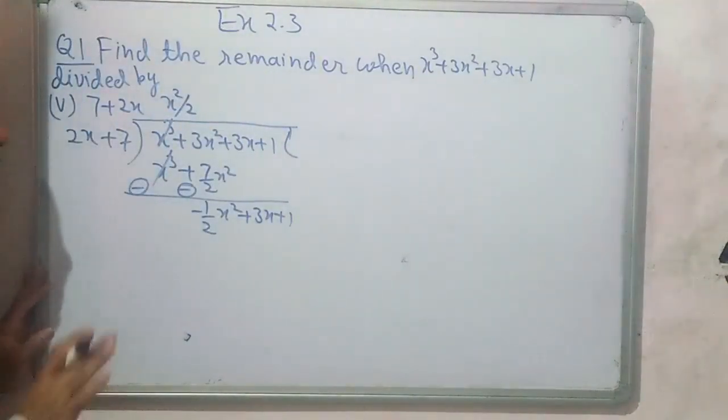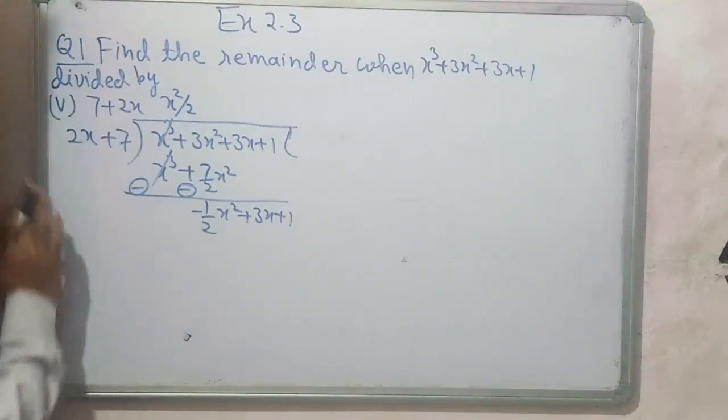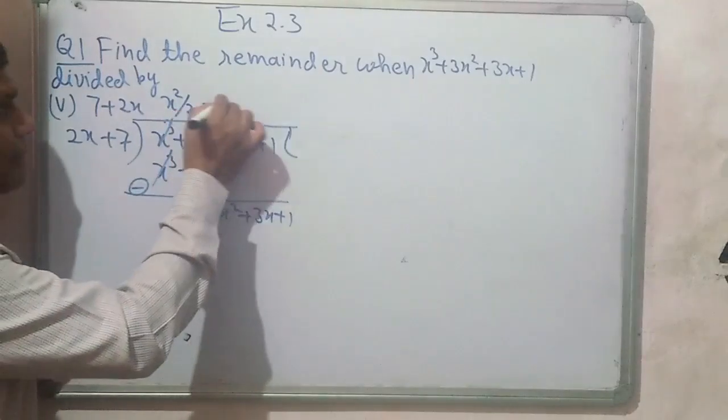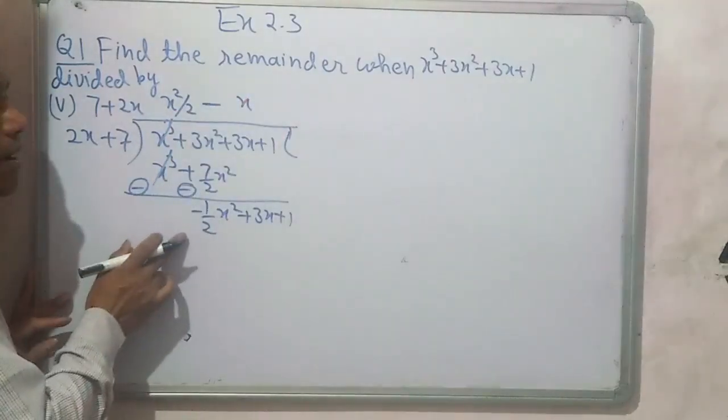Simple. Now, 1 upon 2x square divide by 2x. x square upon x is x. Minus sign will be there, minus x.